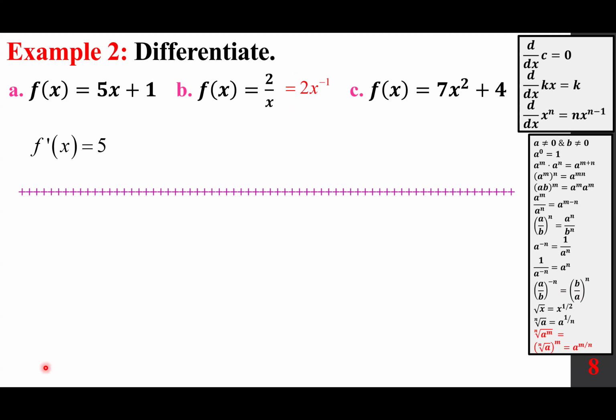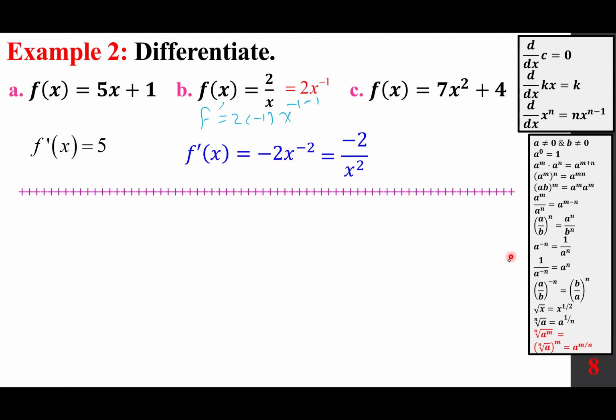So in this case, we can write f prime is 2 times negative 1 x to the power minus 1 minus 1, which makes this negative 2 x to the power minus 2, and that x to the power of negative 2, take it down, make it negative 2 over x squared.